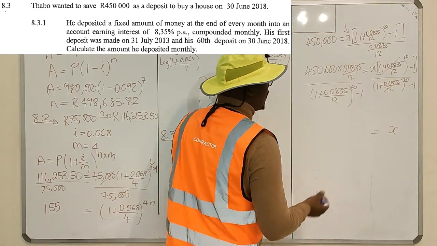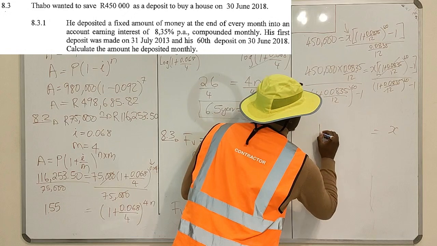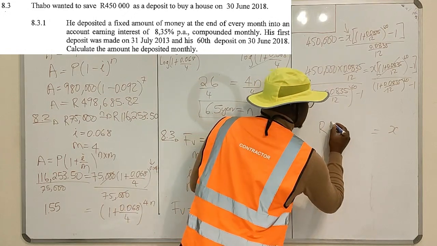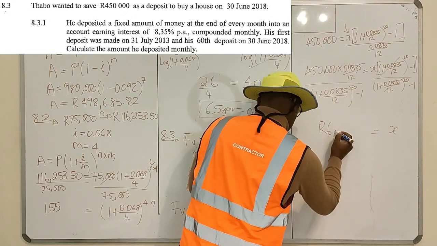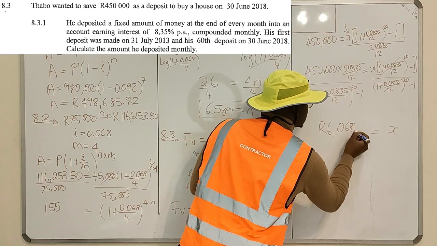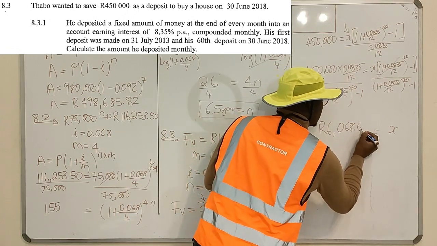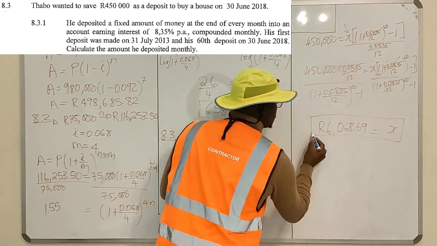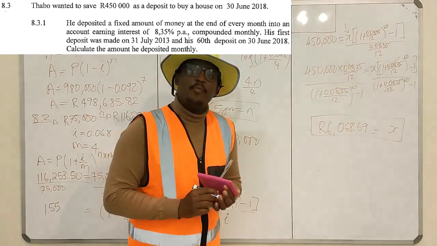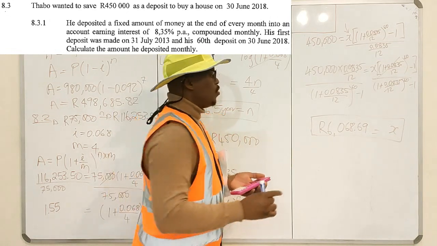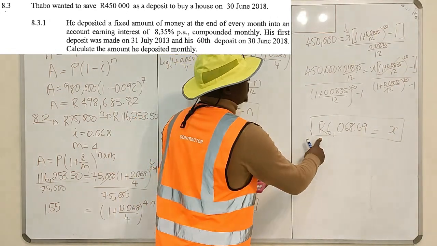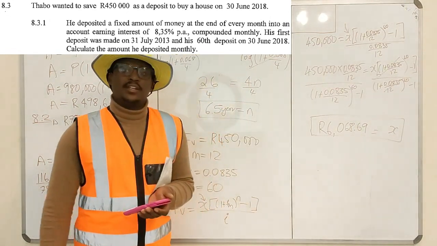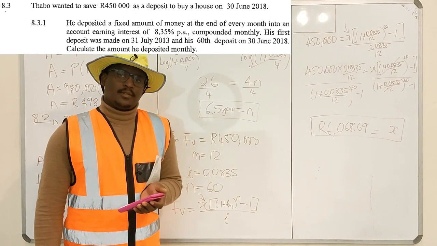So the x, which is the amount that he was paying monthly, is 6,068 rands 69 cents. So this is the amount our friend made monthly into the account in order to achieve an amount of 450,000 at the end. That's it.